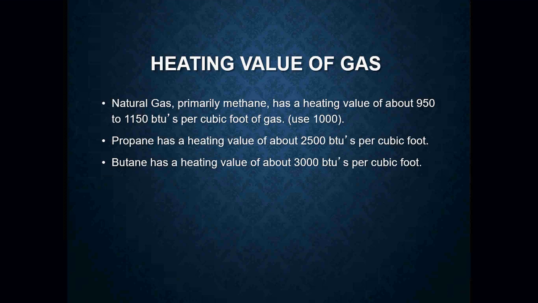That's the standard for a lot of stuff, simply for the sake of math and calculations. So anytime we use a heating value for methane, we use 1,000. Propane has a heating value of about 2,500 BTUs per cubic foot. Butane has a heating value of about 3,000 BTUs per cubic foot.